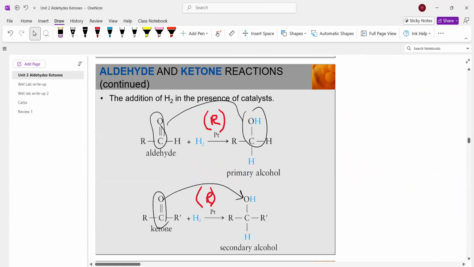Okay, now an aldehyde can be both oxidized and reduced. If we reduce the aldehyde, it goes to a primary alcohol. And there needs to be some kind of catalyst. Usually it's platinum, but it can also be chromium. There are a number of metals you can use as a catalyst, but normally everyone just quotes platinum; basically it's a metal catalyst.